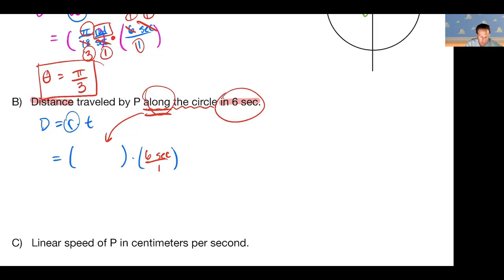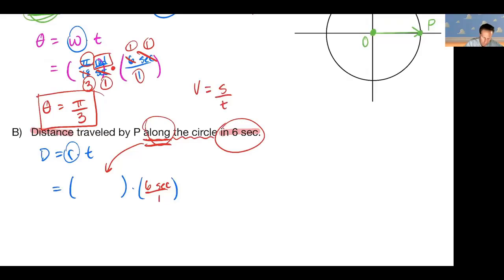And so our linear speed, remember, is that V. And there were 2 different variations of it. We had the S over T or the R times W. And of those 2, do we have this or do we have that? And since we have not heard anything about arc lengths, we definitely want to go with this one, which they did give us.